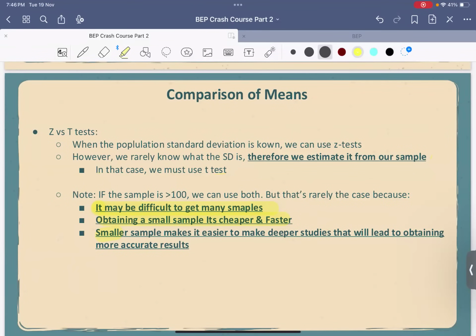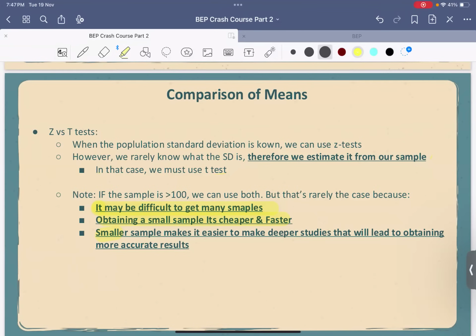Now, this does not have to do with it being statistically less accurate. If we do everything perfectly, then statistically, more sample is more accurate. But as humans, we are probably going to make more mistakes if we have a higher sample size, and we're not going to focus on each patient as much as we would with a small sample size.